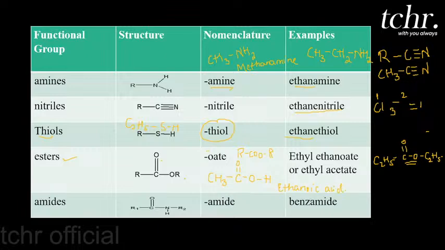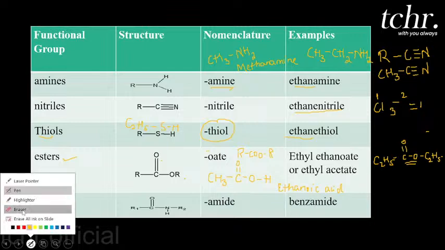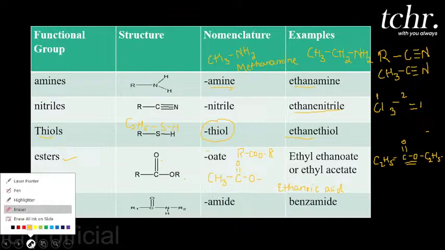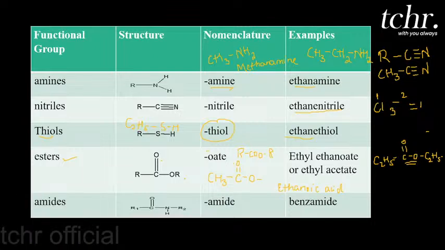Now for esters, what you can observe here is that instead of hydrogen, I add one more alkyl group here. So what alkyl group will I add? I will add CH3. So when I add CH3 instead of hydrogen, count this carbon also. 1, 2, 2 carbons. So what you do?